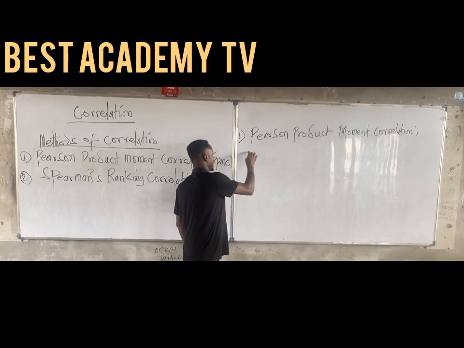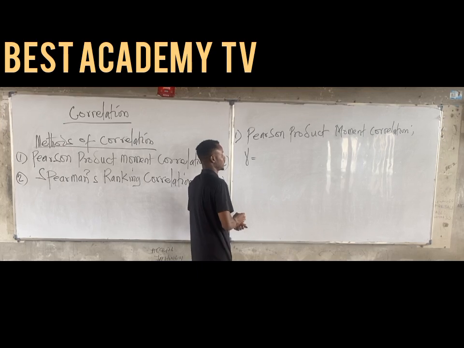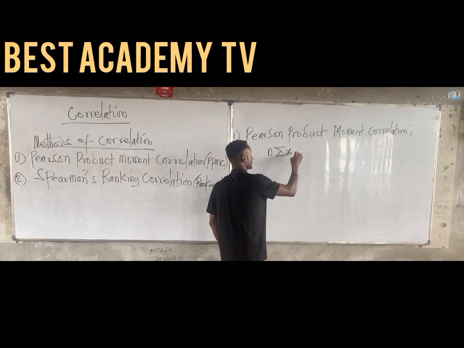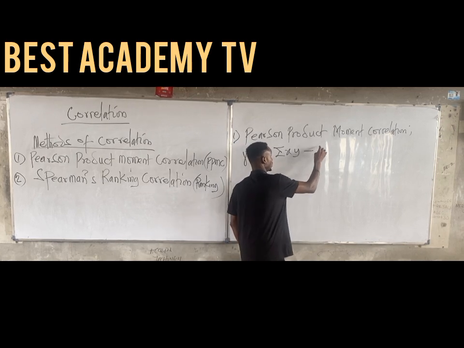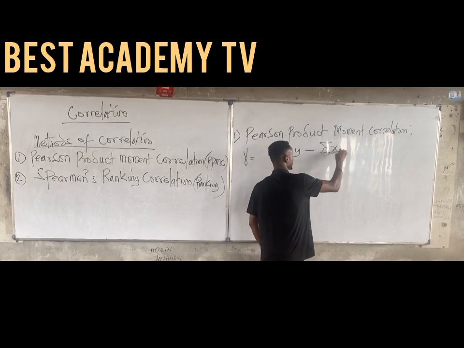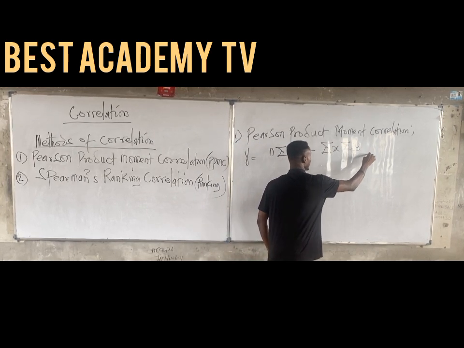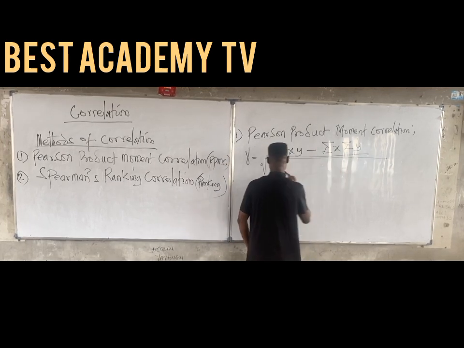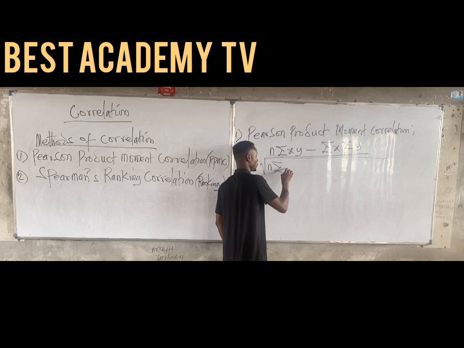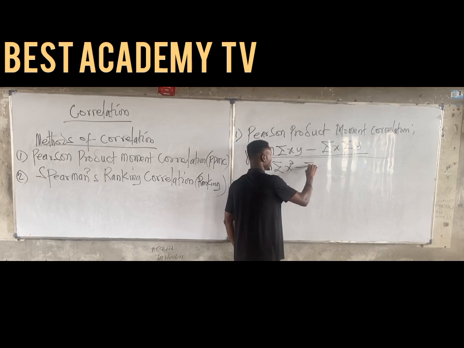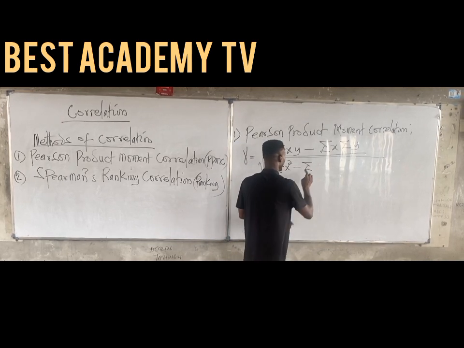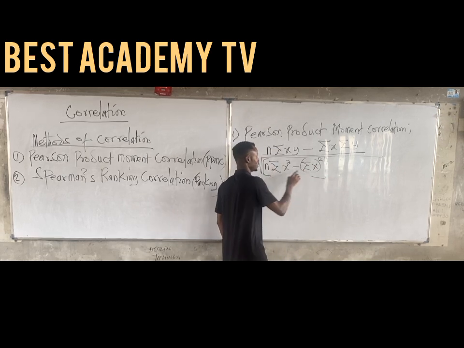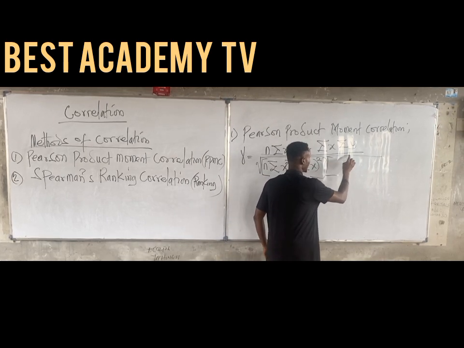The correlation R here, the formula is n sum of xy minus sum of x sum of y over the square root of n sum of x squared minus sum of x all squared, that is only for x, times, let's go to y here. Please take note.